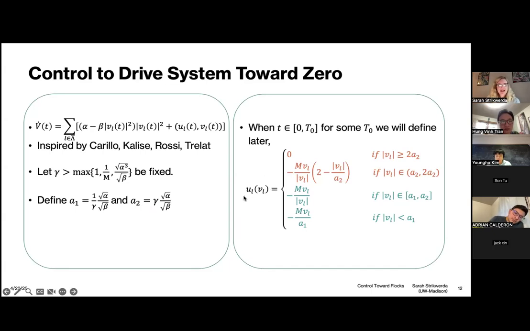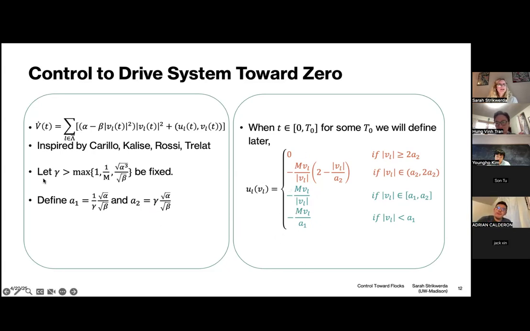So what I mean by that is we're going to define this UL of VL to be equal to these different functions on different time intervals. We could have just used negative MVL over the magnitude of VL at all of these points, but this one has the advantage of being 0 if your VL is big enough, which matters if you have to pay to use your control. It would be better to not use your control if you don't have to. And so that's why we designed the control like this.